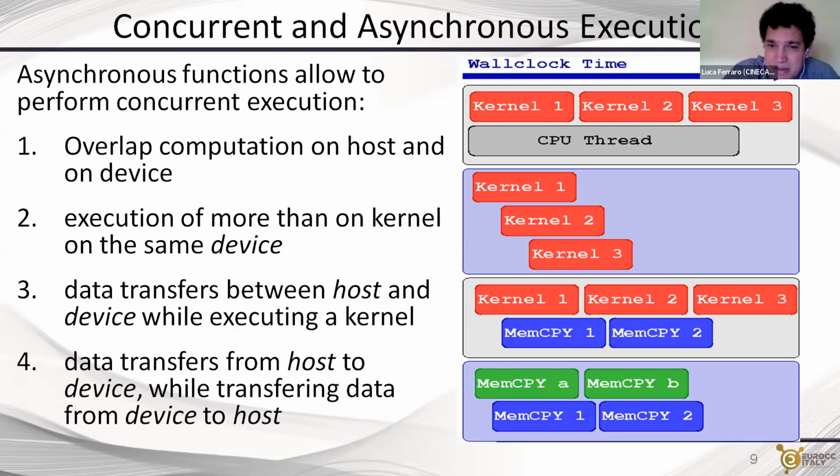But you can even do better. For example, you can overlap the execution of many kernels on your device. Or you can overlap the execution of a kernel with data movement from the host to the device and back from the device to the host. This is very interesting because if you run a kernel on the GPU while efficiently using your communication buffer, you can hide data movement behind useful computation.